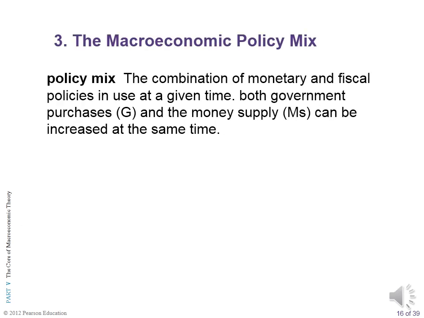The policy mix is combination of monetary and fiscal policies in use at a given time. Both government spending and money supply can be increased at the same time. An increase in G، ركز معايا بقى جدا، an increase in G will increase Y and increase R. إيه الكلام ده؟ An increase in government spending will increase aggregate expenditure which will increase Y. أهي أول واحدة.